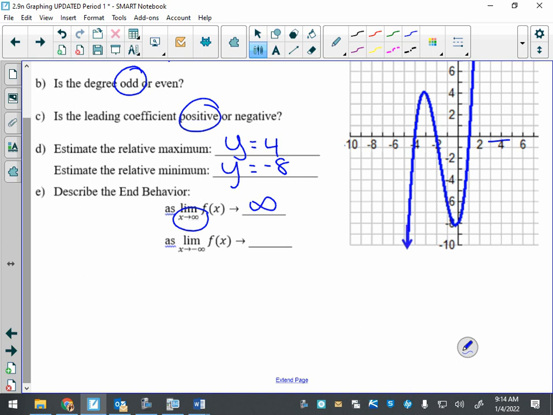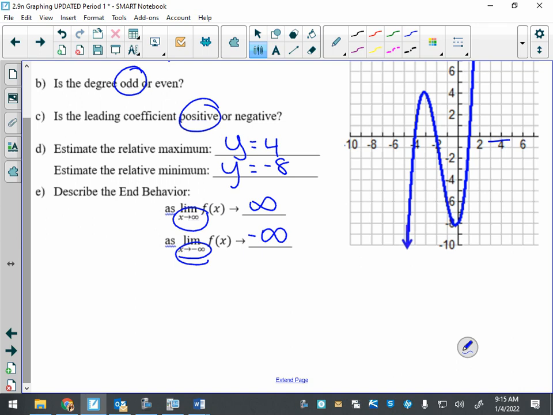As x approaches negative infinity, where is y heading to? Negative infinity, good. So when you're doing end behavior, you want to make sure you pay attention to what's underneath the limit. Sometimes it gives you negative infinity first, sometimes positive, so we have to be careful. Any questions?